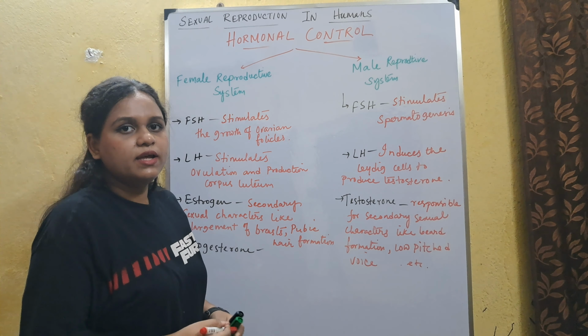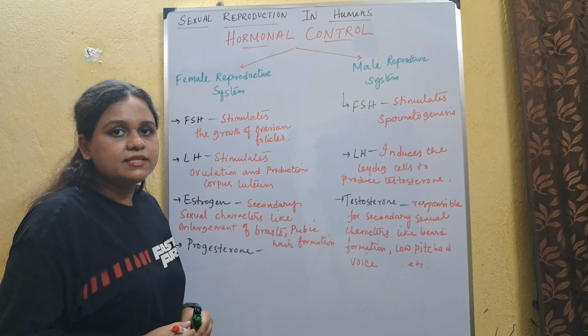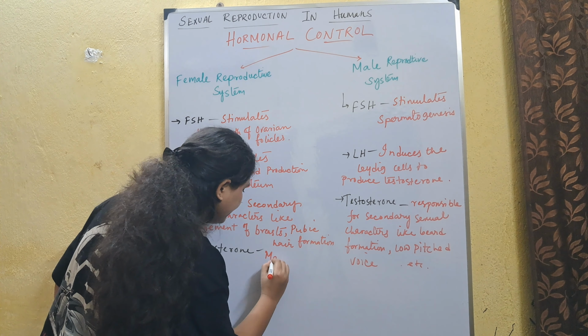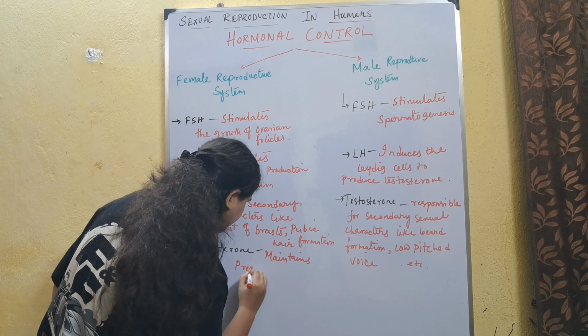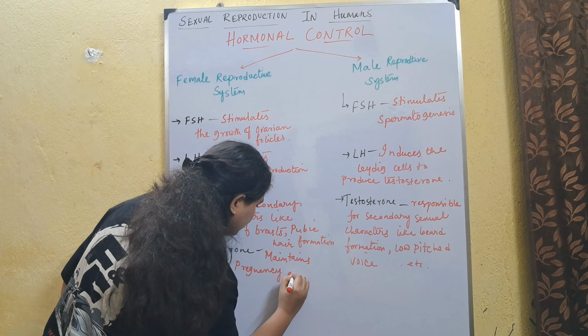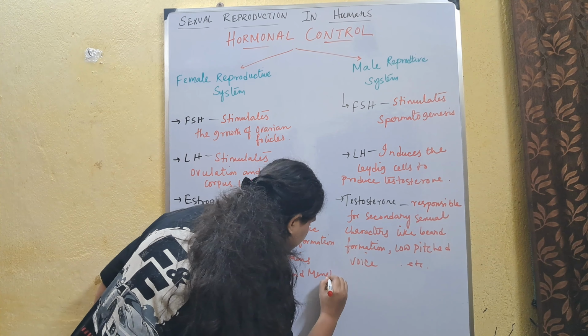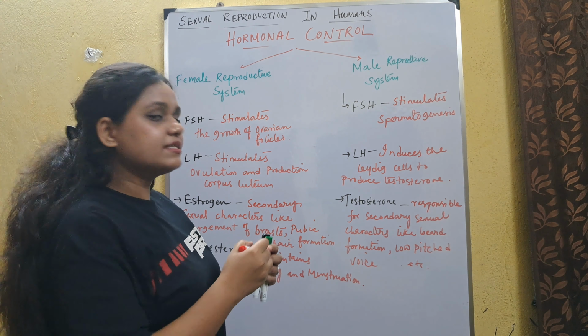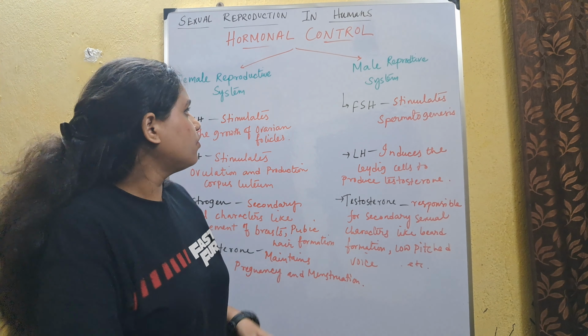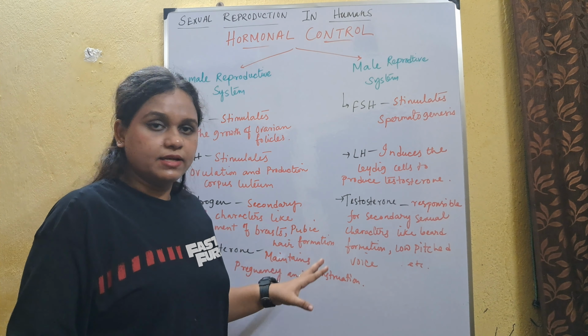Progesterone is the hormone which maintains pregnancy and menstruation. So these are the hormones that control the male and female reproductive systems.